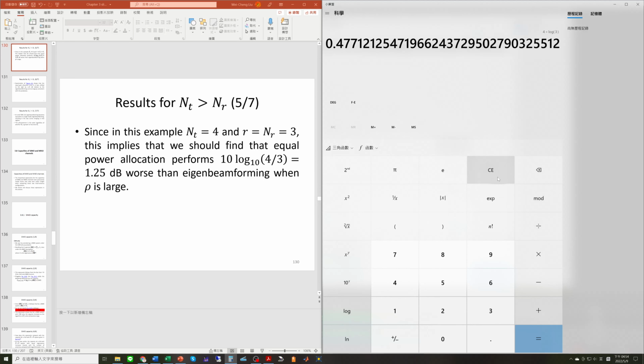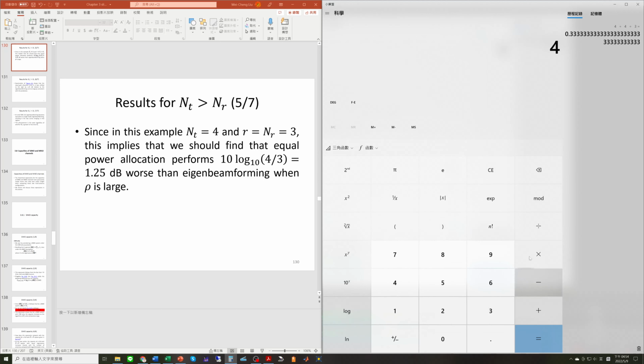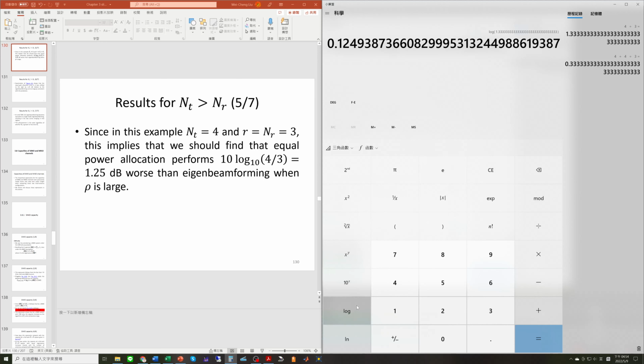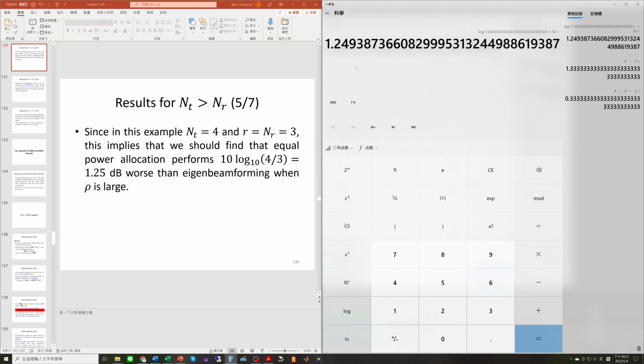Let us calculate it again. 4 divided by 3, and is equal to this. And take log 10 and times 10. We can see that it is correct. This value is approximately 1.25 dB.